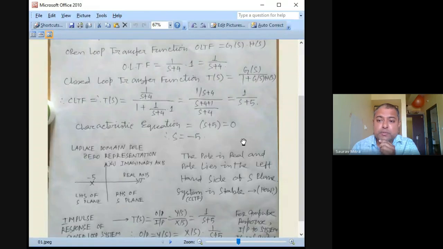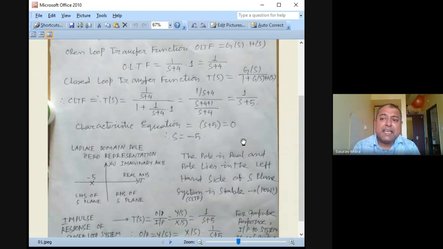The denominator of the closed loop transfer function, here you are finding it is S plus 5, that equal to 0. Difference between first order and second order: here the characteristic equation is S plus 5, so the order of S is 1, it's a first order system. If the characteristic equation was S square plus 3S plus 2, then the order of S was maximum 2, so in that case it would have been a second order system.